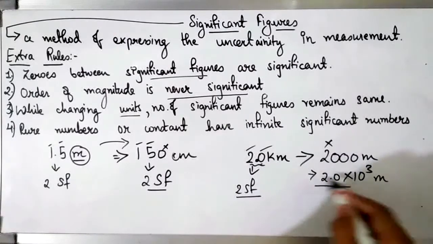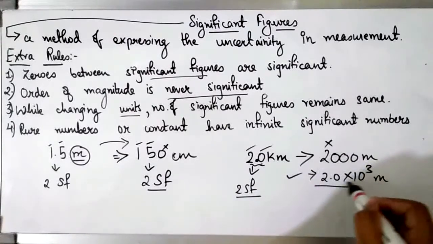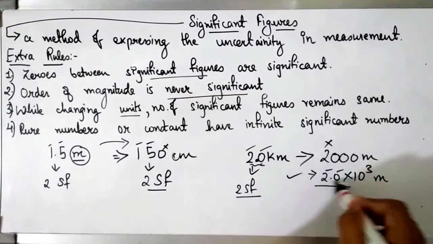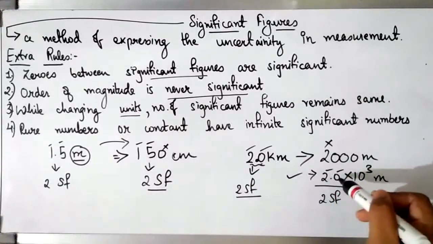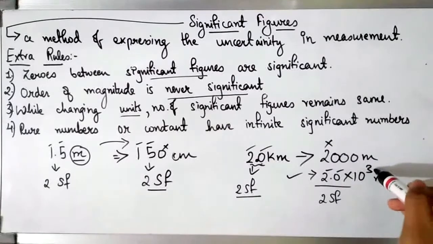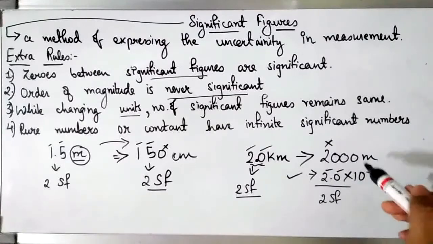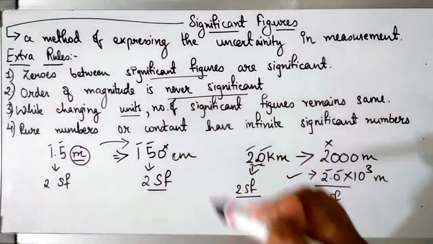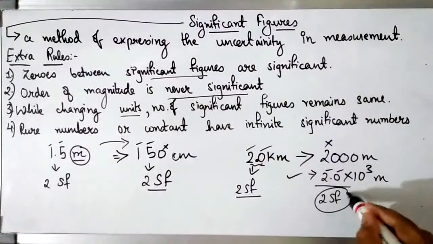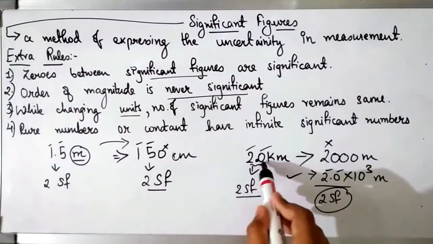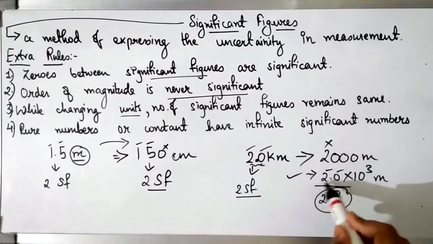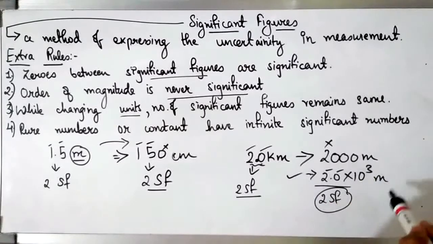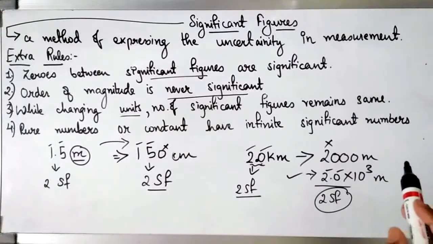Now if you check the correct one, it has 2 significant figures because this is a non-zero number and this one is an ending 0 which appears after decimal, and this is an order of magnitude, and an order of magnitude is never significant according to this rule. So here also we have 2 significant figures. So when they have given you 2.0 kilometers, when you change the unit, you need to write it in this way, that is 2.0 into 10 to the power 3 meters. This is according to your significant figures.